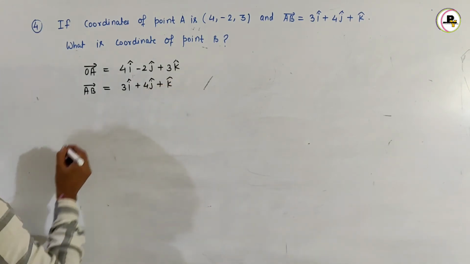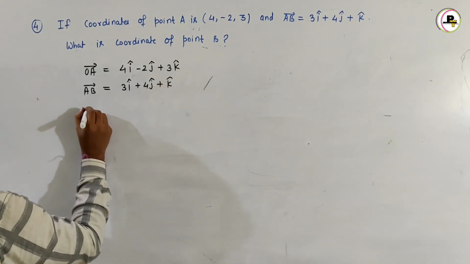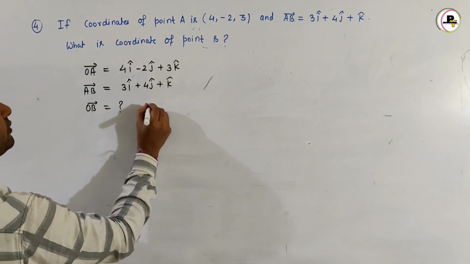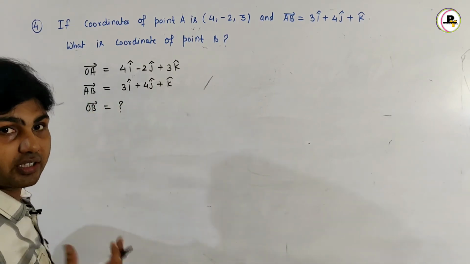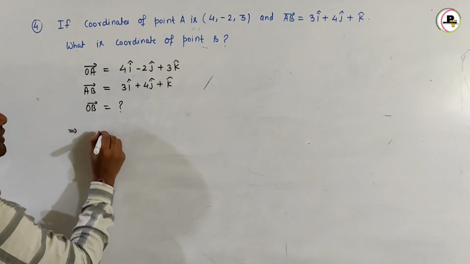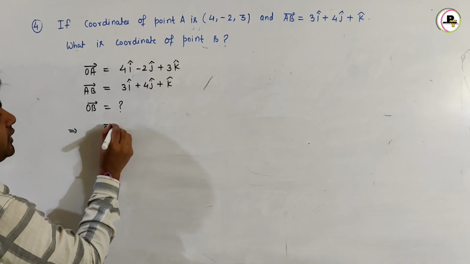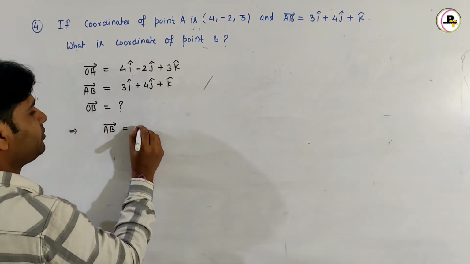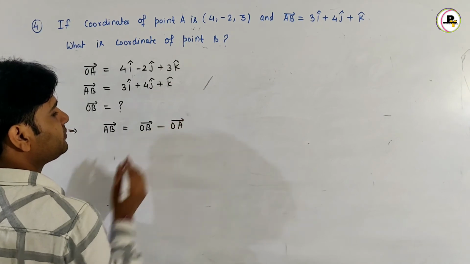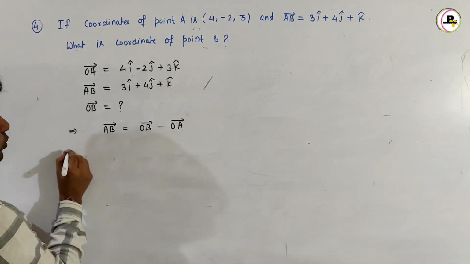So what do we need to find? We need to find OB vector, and hence the position coordinate of point B. As we know, the displacement vector AB is equal to the position vector of B minus the position vector of point A. So what is OB vector?